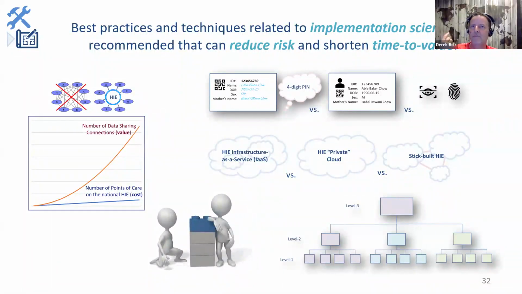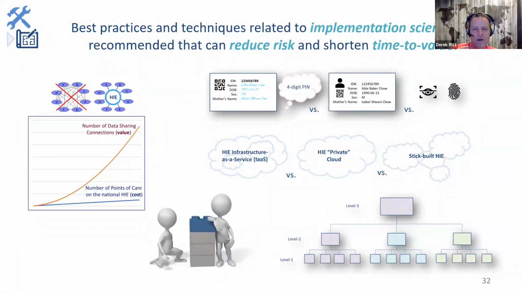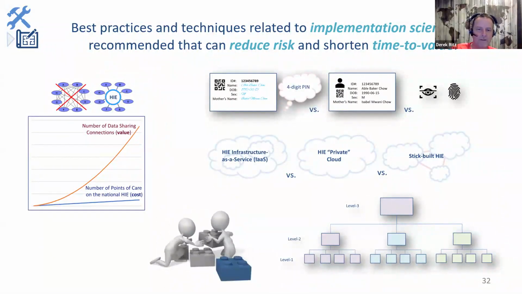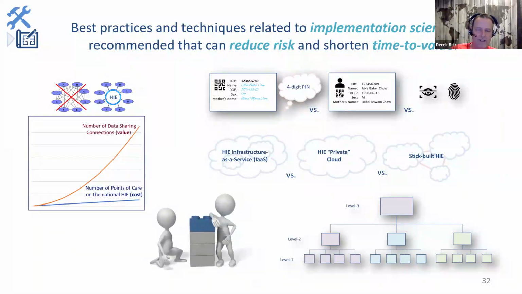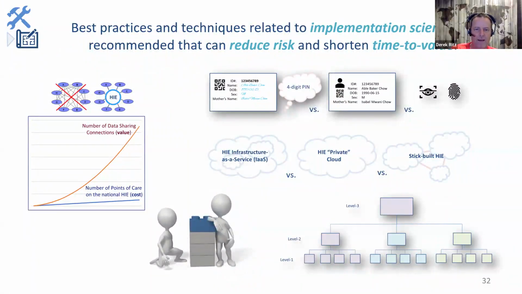Because as of November 2019, there's more traffic on the NHS spine, the National Health Service in the UK, than there is in the banking network in the UK.